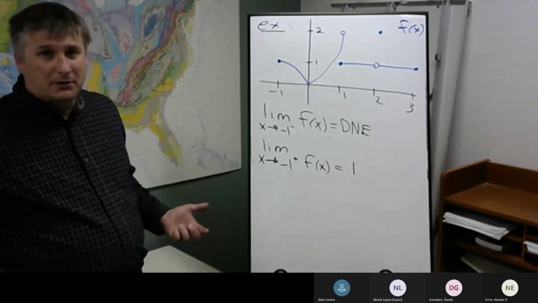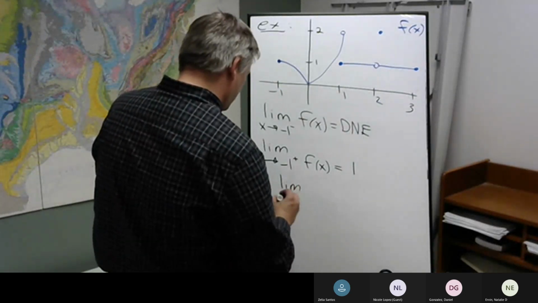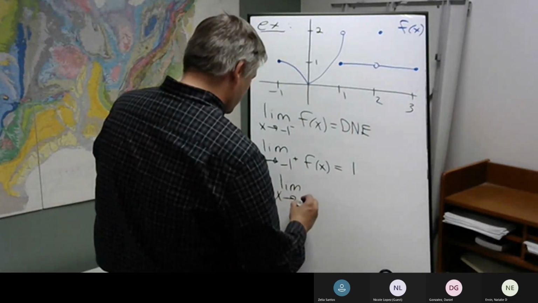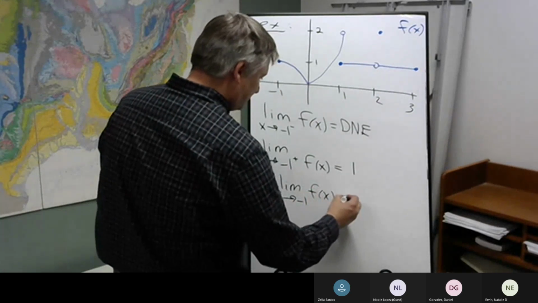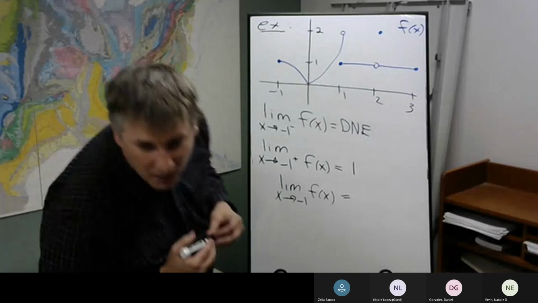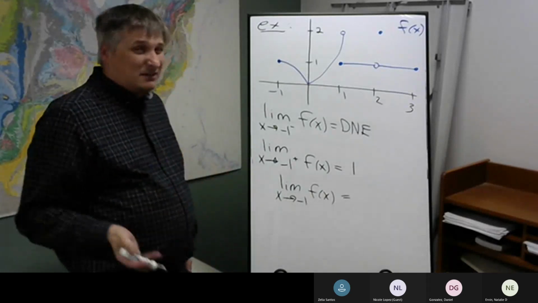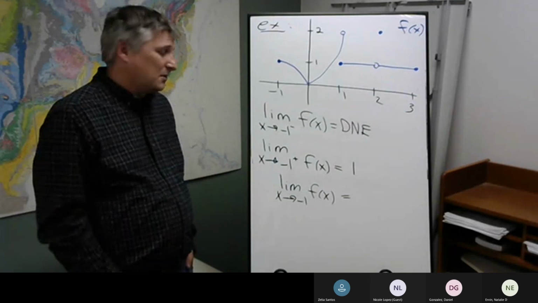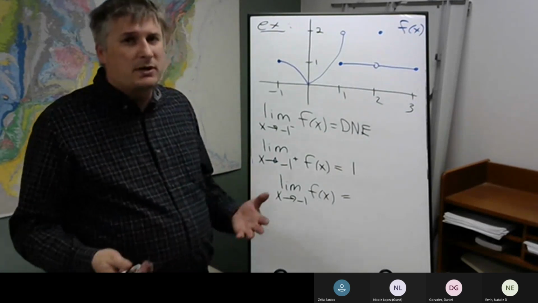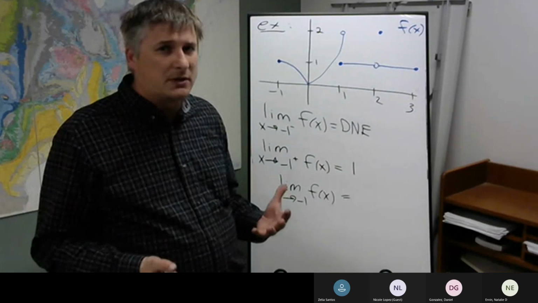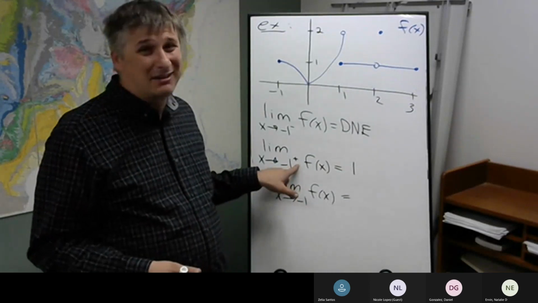So here comes the big question. Does the limit as x approaches -1 of f of x, what is this? Again, it's going to kind of depend on what someone's asking you. If they're assuming that we're only using x values in our domain, they might be writing this when they really mean that.